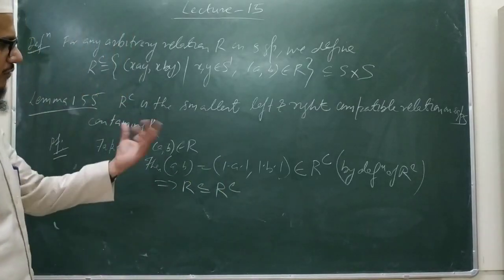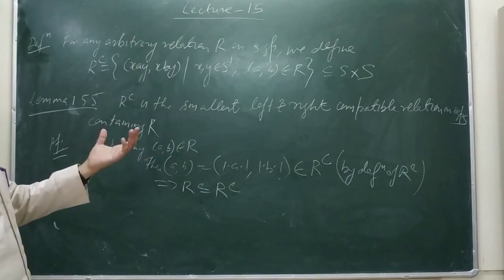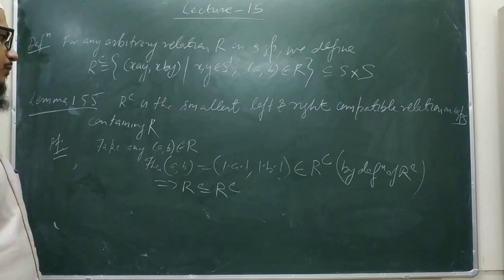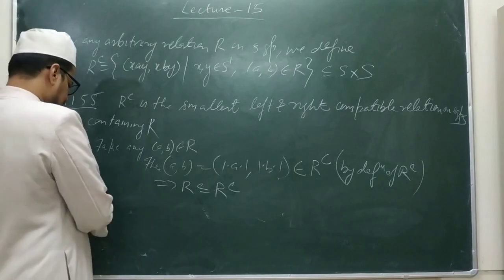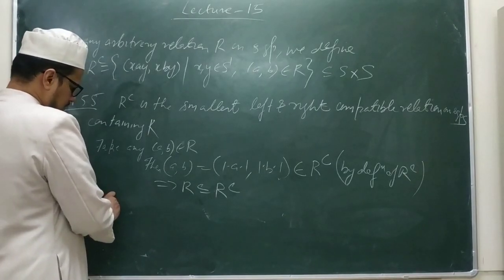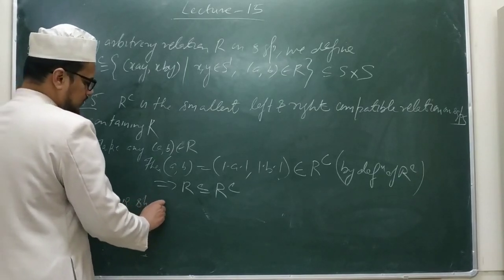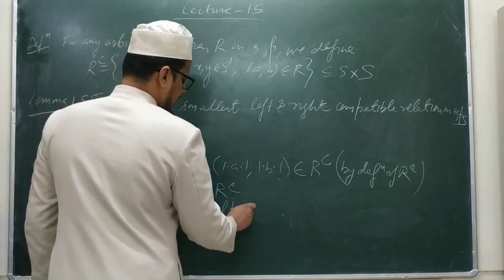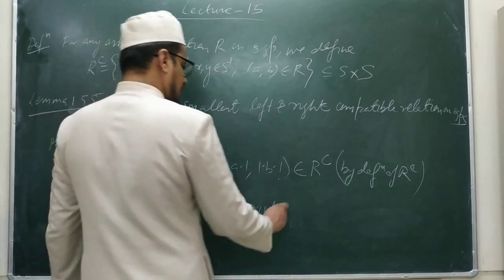Correct? Now what we have to prove? We have to prove that R^C is left compatible as well as right compatible. So how do we prove R^C is left compatible? That is, we show that R^C is left and right compatible.